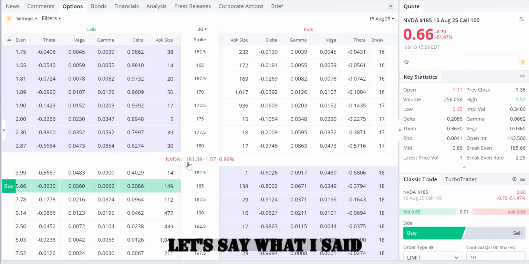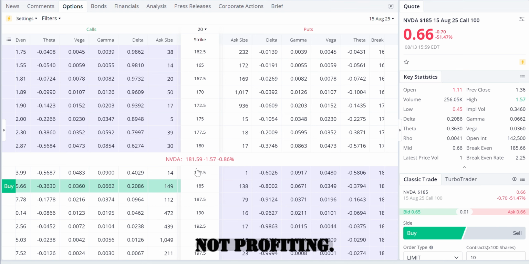Tomorrow, let's say NVIDIA stays between 181.59 and 181.75 all day. Yeah, it went up points, but it stays sideways. So theta takes away from your percentage.